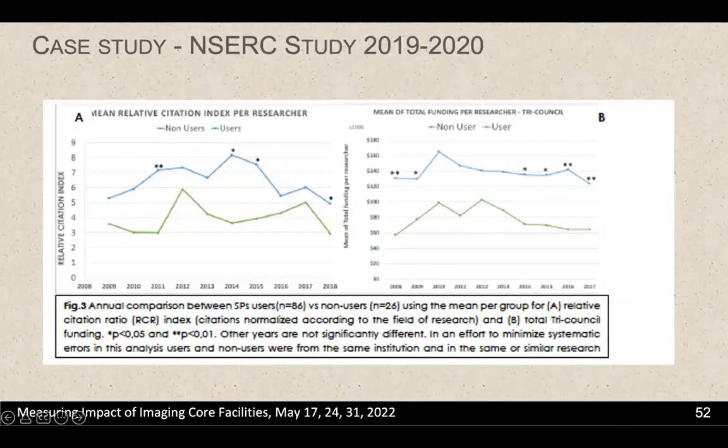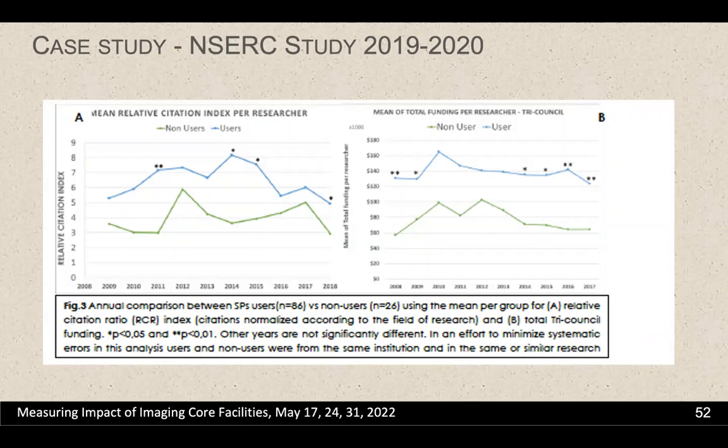One of the key findings, it's not the only one in there, comes from a case study. We took a university and all the platforms in one of the faculties, about 12 or 13 platforms.